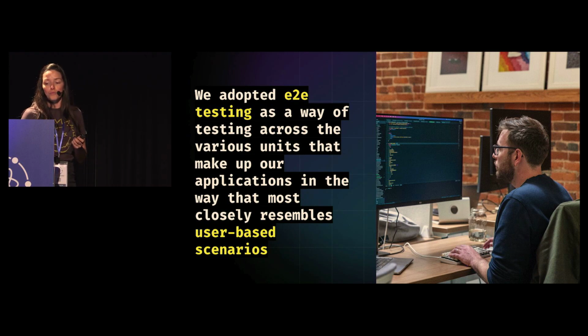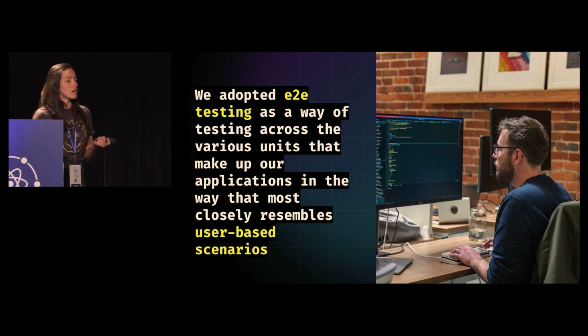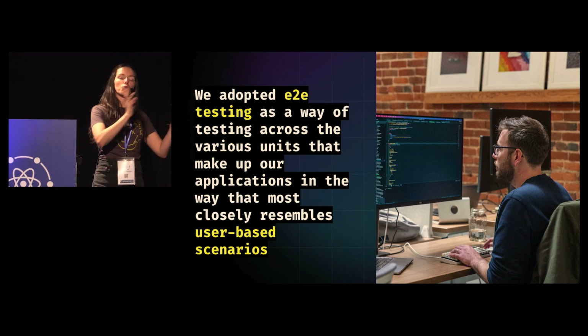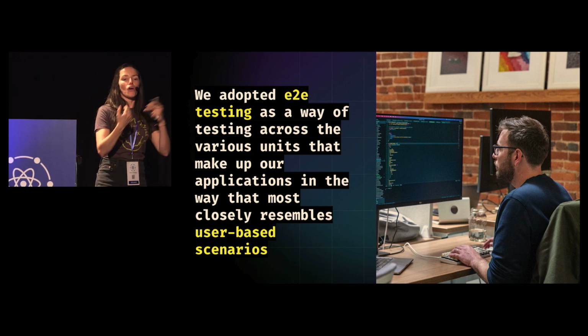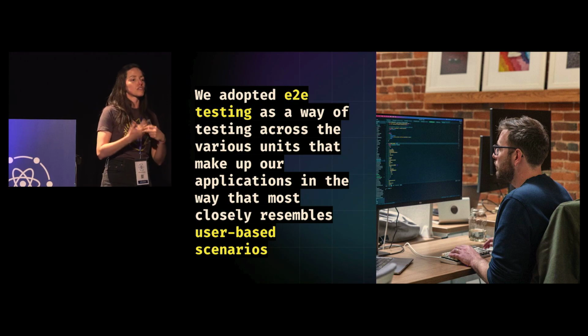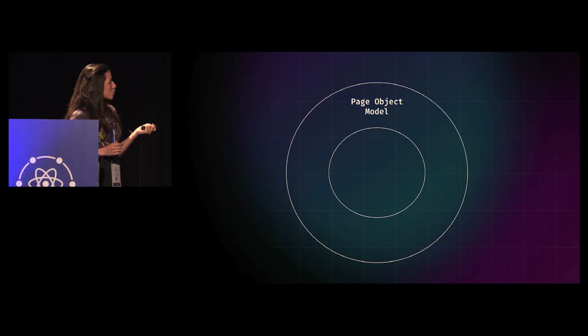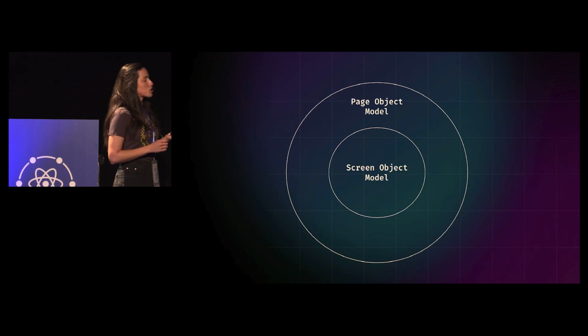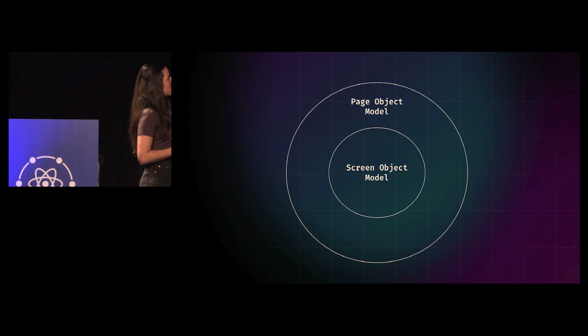We realized that the longer we go without end-to-end testing, the more code we are shipping out, but the more code is coming back to us to fix. So this was slowing down our process of creating new features and evolving our applications. For end-to-end testing, we started working with the screen object model, which derives from the page object model.